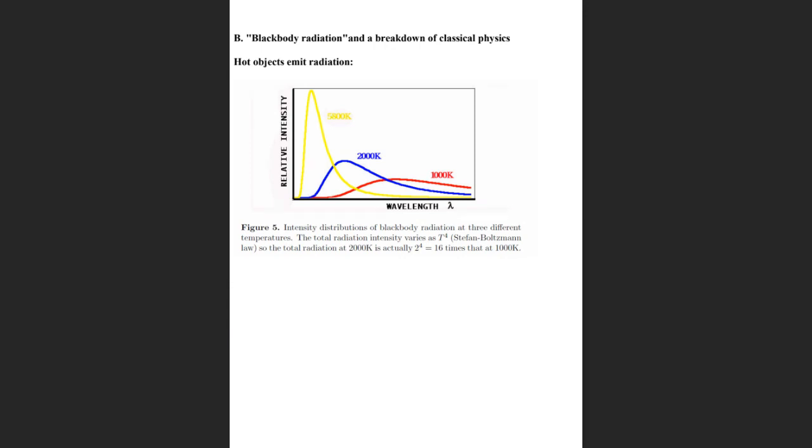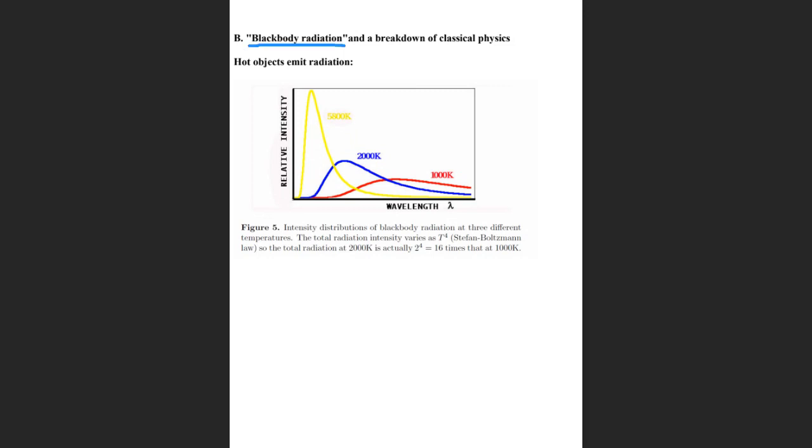So like I say, everything we've talked about so far has been classical physics. Classical physics begins to break down when it tries to model and understand a phenomenon called black body radiation.